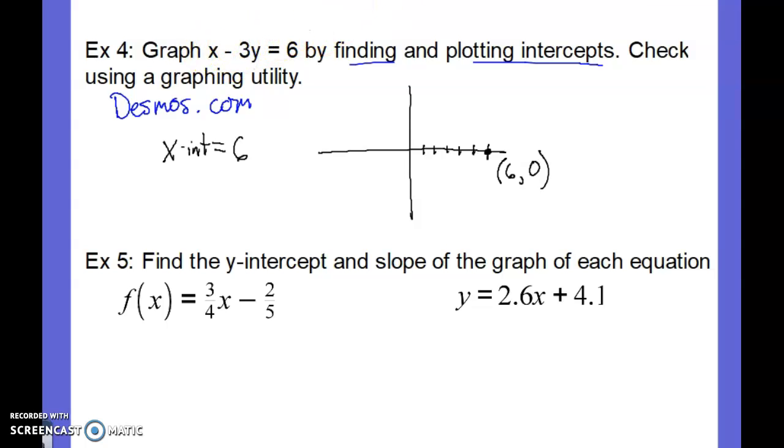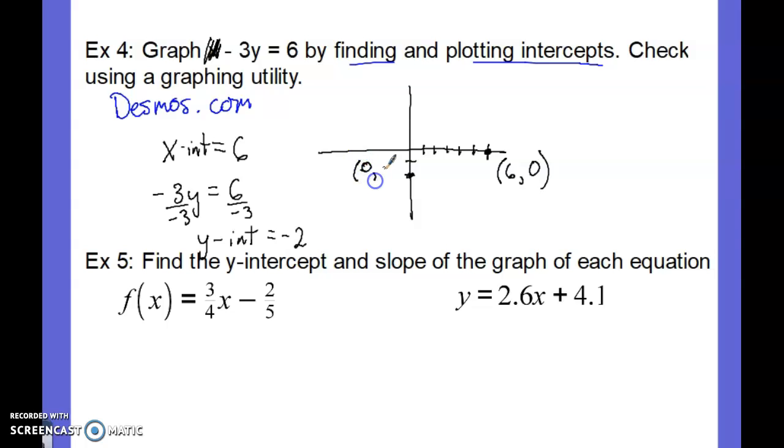so x has to be 6. I can do the same thing for covering up x, and I'm left with negative 3y is equal to 6, and divide by negative 3 to find out that the y-intercept is equal to negative 2. So again, why does this work?